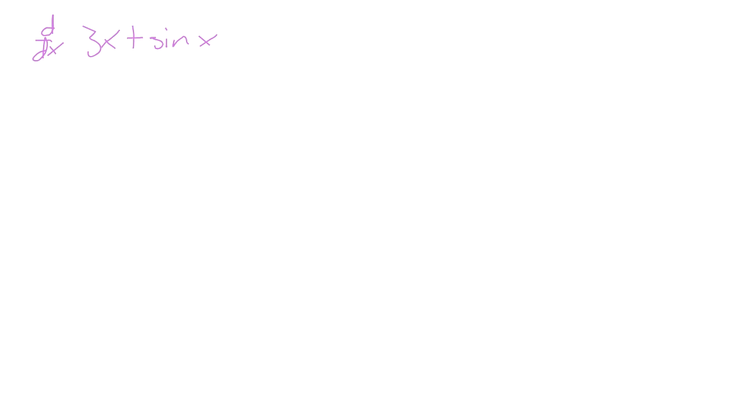So if we do this, we can just apply our rules. If we derive 3x, that's just going to be 3, correct? And then if we derive sine, that's just going to get us cosine of x. Yeah, because the sine and cosine rules really can be just that simple.